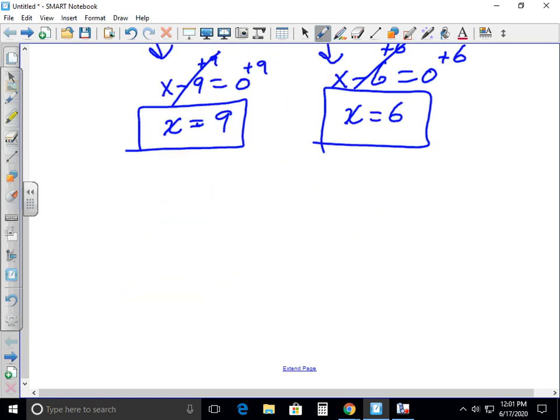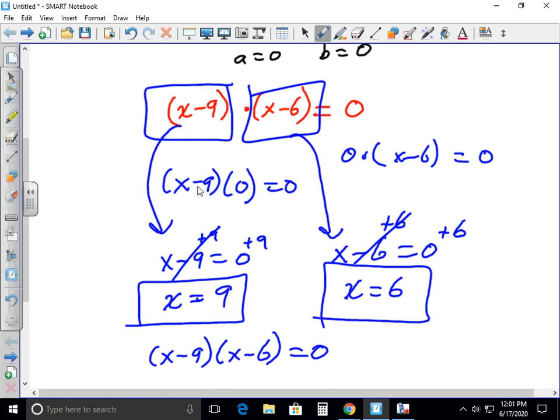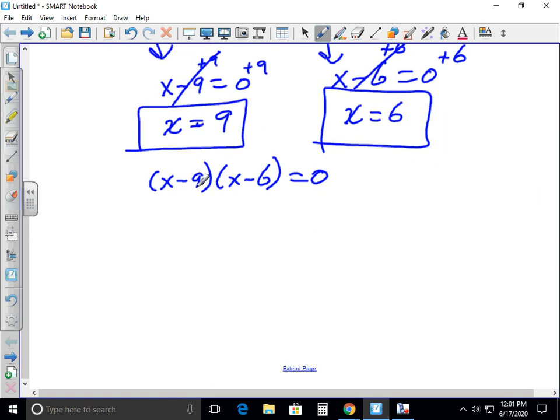If we were to check, if we try x equals 9, if we put a 9 everywhere we have an x, then notice 9 minus 9 is 0. 9 minus 6 is 3, and it is true that 0 times 3 is 0.